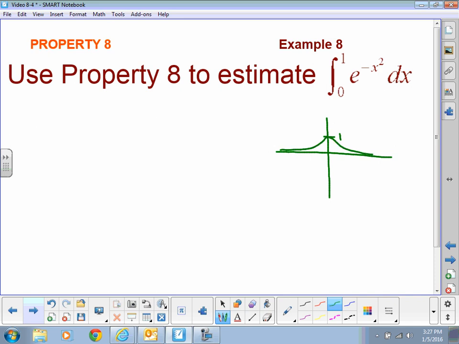Okay, the function of e to the negative x squared looks something like this. Well, we are looking at it from 0 to 1. So here's 0. Let's say 1 is somewhere here. In that interval, because it's a decreasing function in the interval, the absolute maximum must be when x is 0.